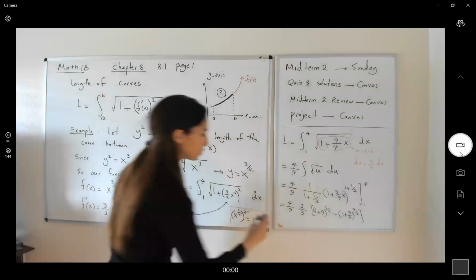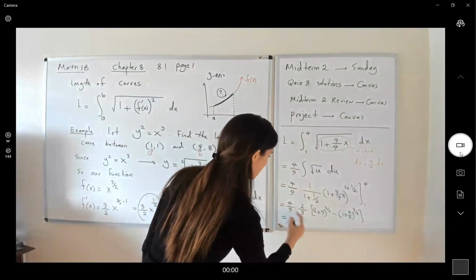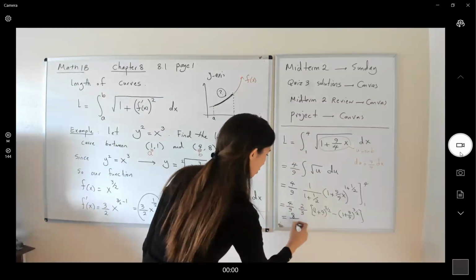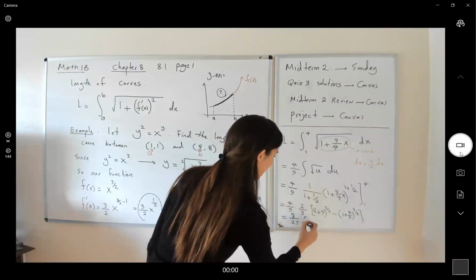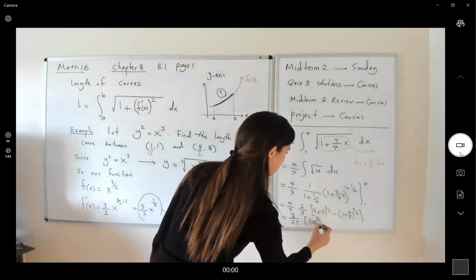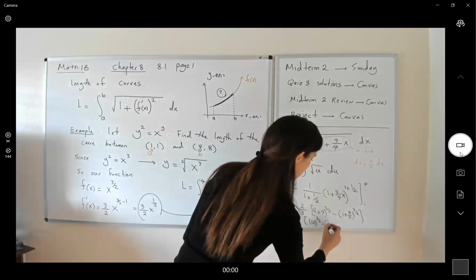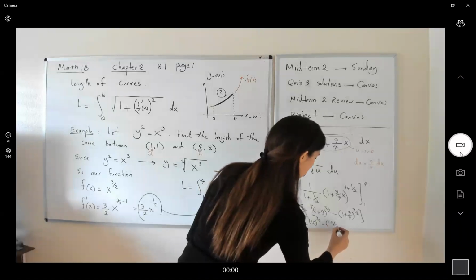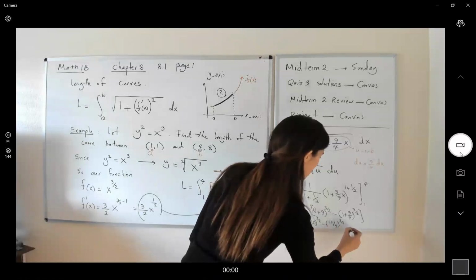If you do the algebra, this is equal to 8 over 27, and in the bracket you have 10 raised to 3 halves minus 13 over 4 raised to 3 halves.